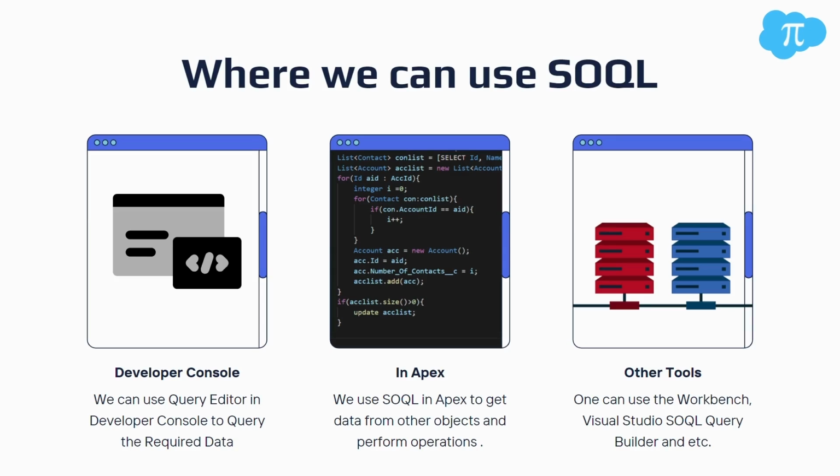And then there are tools you can use to query the data, such as Salesforce Workbench, the query builder in Visual Studio Code, and different tools like Chrome extensions, AppExchange, Jitterbit, Data Loader, and many such tools.